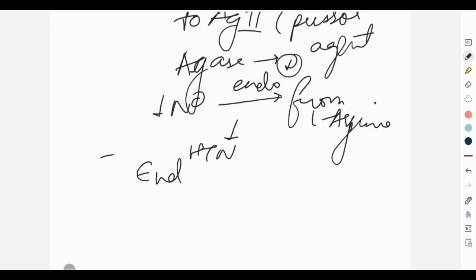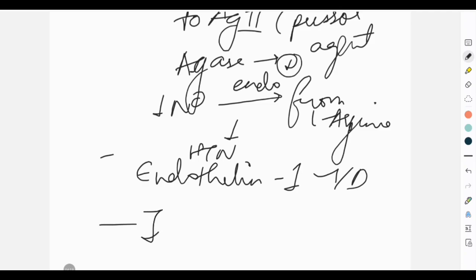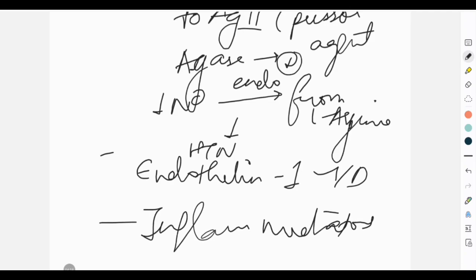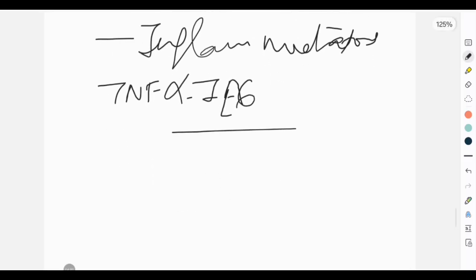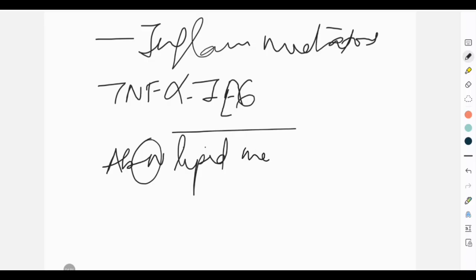Then endothelin 1, which is a potent vasoconstrictor. Then inflammatory mediators like TNF alpha and interleukin 6. Then abnormal lipid metabolism.